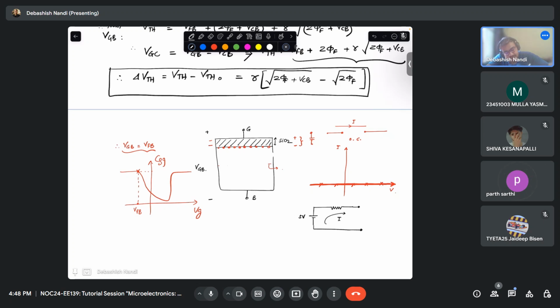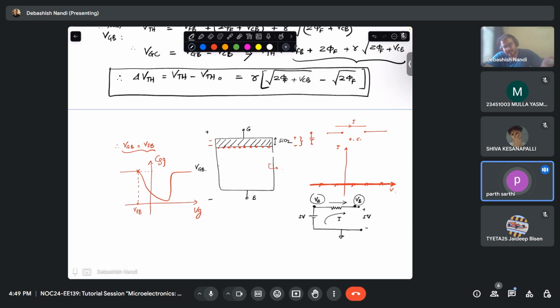Exactly. So what is the voltage here? It has to be 5 volts. I is 0; otherwise, if this is, let's say, VB, this is your VA, and this is ground, until this becomes the same, there will be some current flowing through this resistor, right?